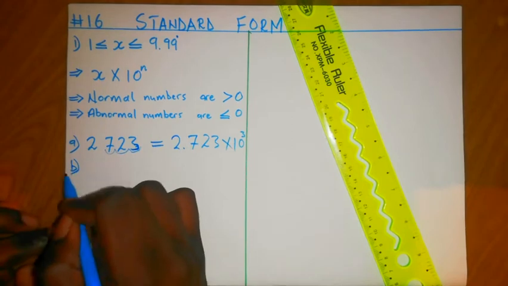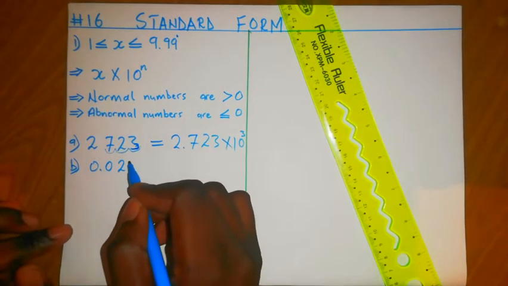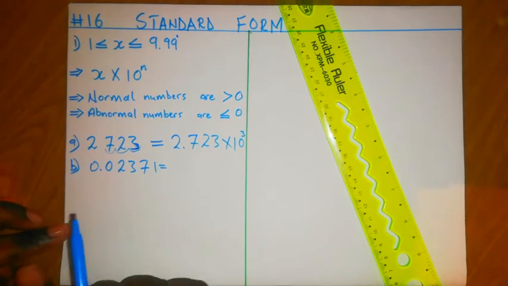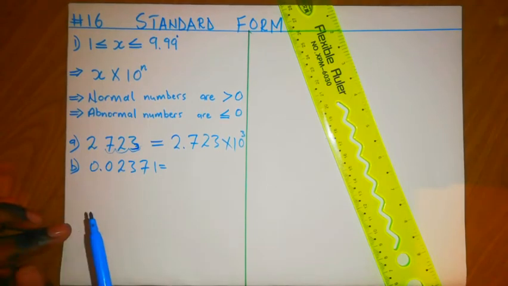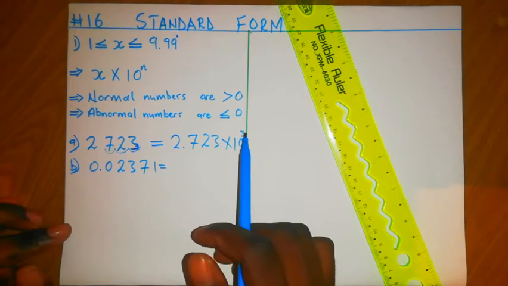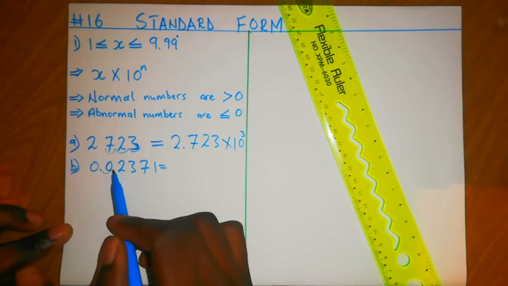Here may be 0.02371. Is this a normal number or an abnormal number? This is an abnormal number. So our index is supposed to be negative. How many times is the comma supposed to move? 1, 2.